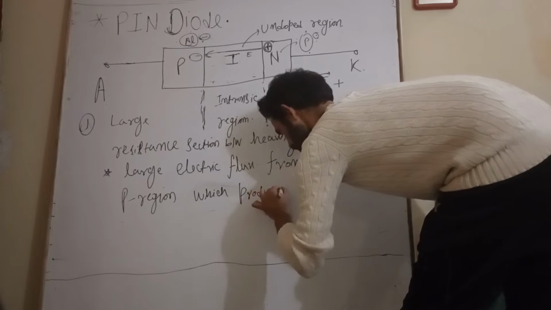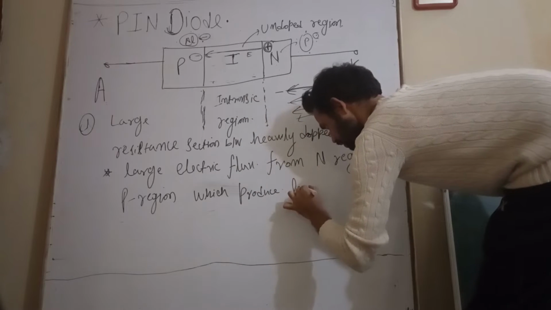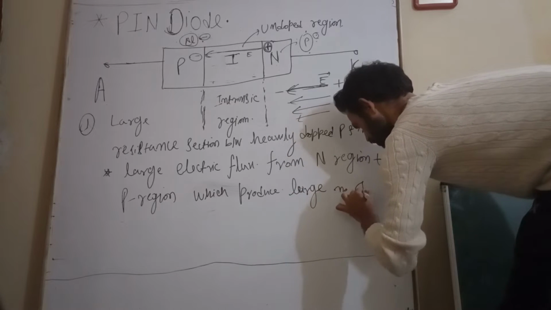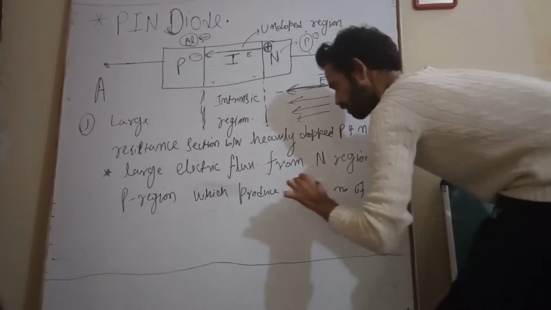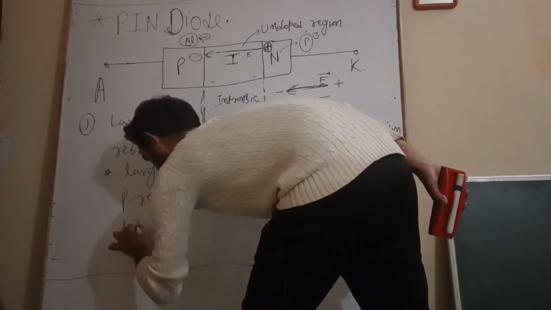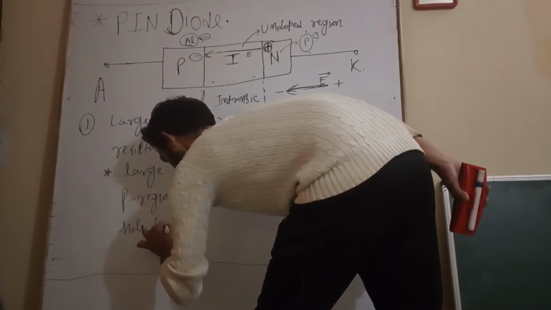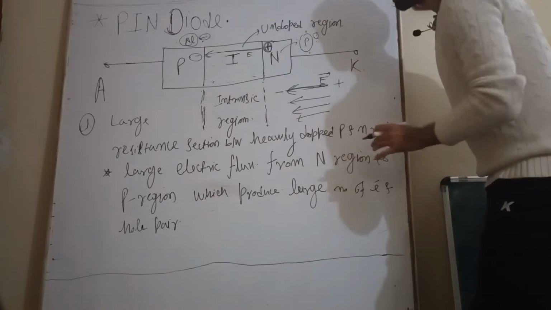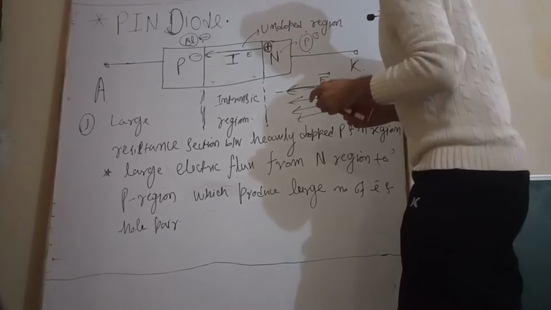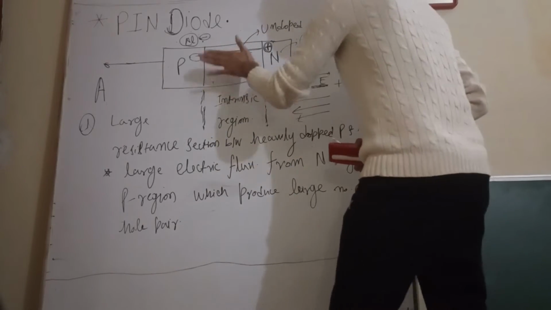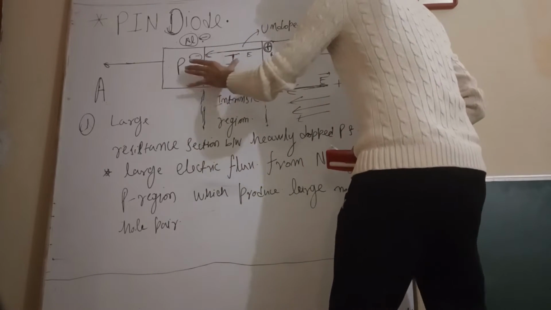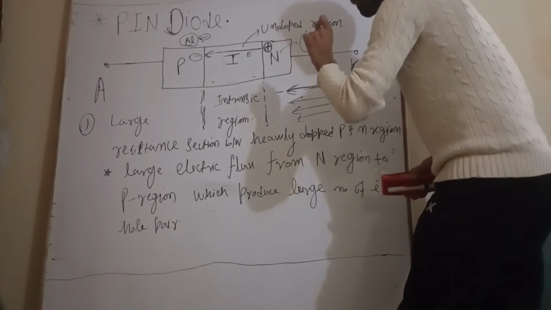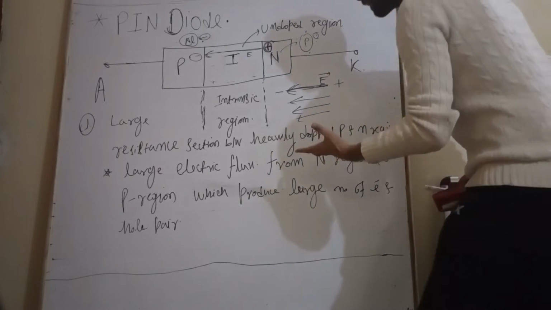Which produces a large number of electron and hole pairs, and hence we can say that this pin diode can process even a weak signal. Why?